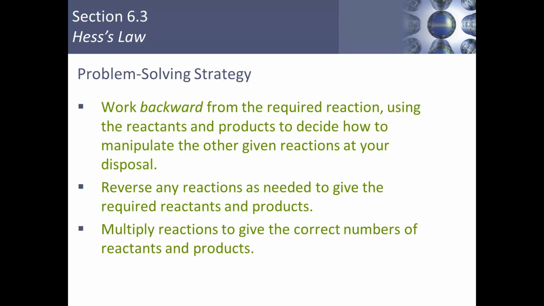We can reverse any reactions as needed to give required reactants and products, and we can multiply reactions to give the correct number of reactants and products. Keep in mind that if we reverse a reaction, then the change in enthalpy sign will reverse, and if we multiply a reaction, we multiply our change in enthalpy by that same value.